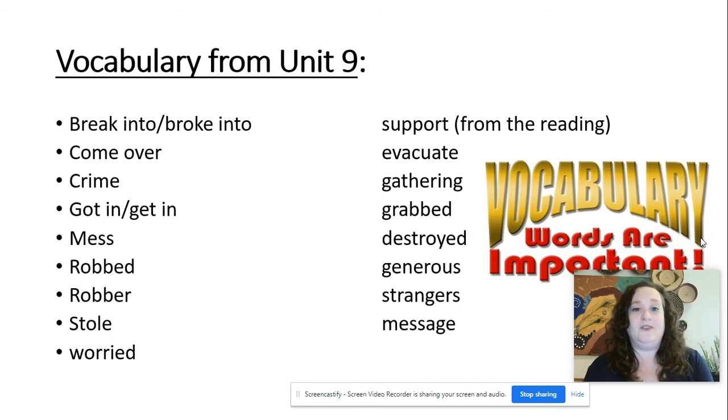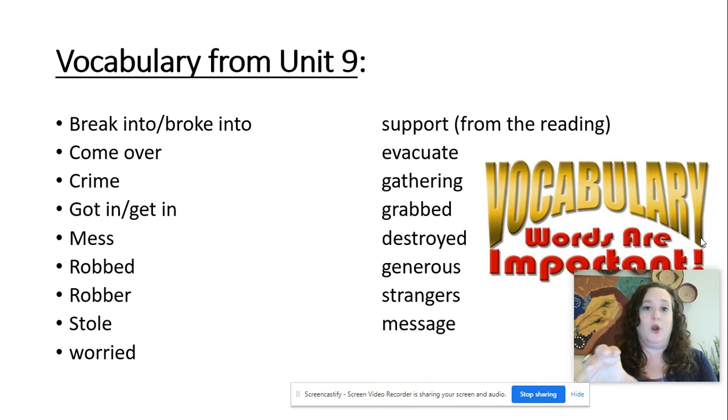Okay, now these are the words from the listening exercise on the left. Let's go to the right and we will notice some other words. Okay, support. Evacuate. Second syllable stress. Gathering.